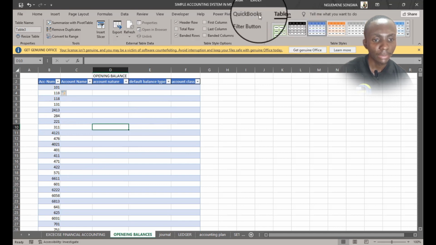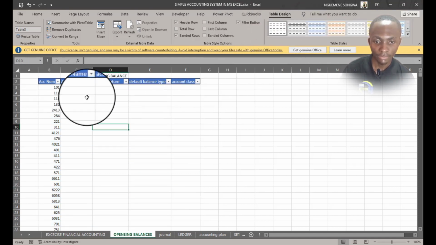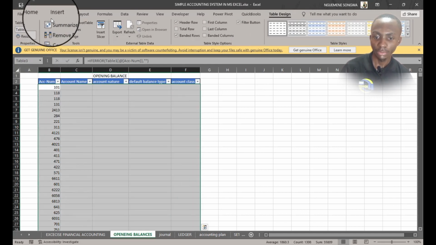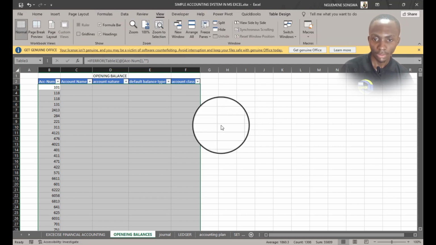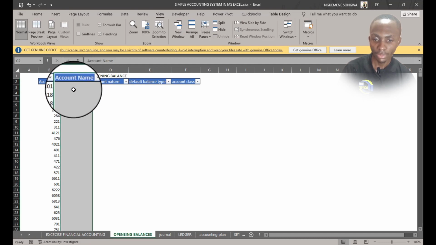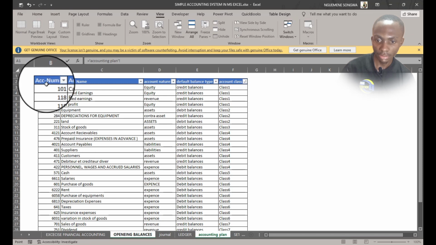And at the same time, I will make it such that this table should just look very normal. I can just come to view and remove grid lines, and I'm good to go. I'm going to do the same with the account name so that it should always look up to whatsoever is in here.